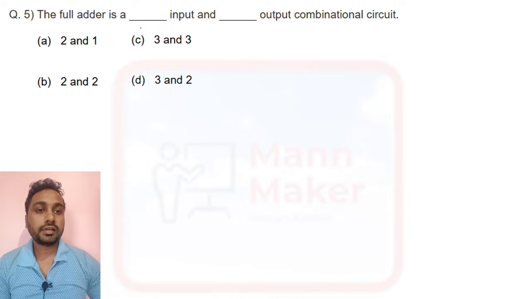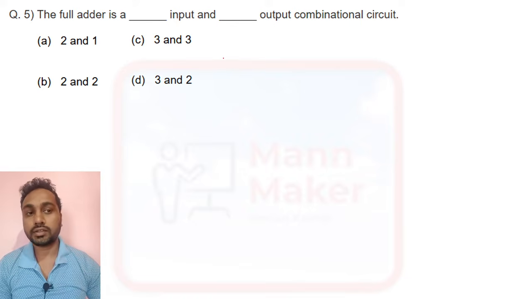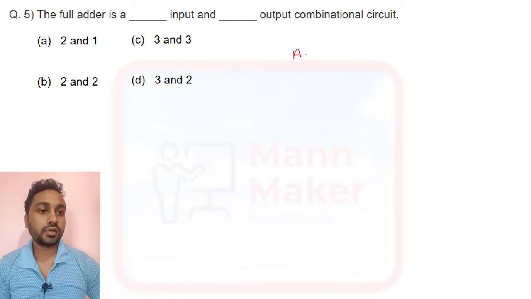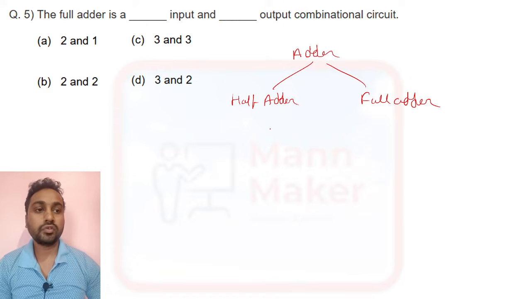The full adder is dash input and dash output combinational circuit. An adder is a combinational circuit, we know already. If we talk about adders, we have half adder and full adder.